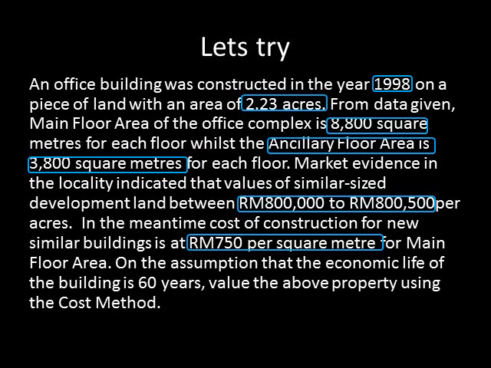If you still remember the comparison approach before, if they just give the MFA cost, to determine the AFA cost, we need to divide by 2 because the cost of AFA is half the cost of MFA. Alright, if you still remember this.